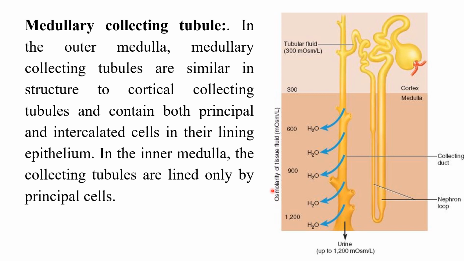Next we shall study the medullary collecting tubules. In the outer medulla, the medullary collecting tubules are similar in structure to the cortical collecting tubules and contain both principal and intercalated cells in their epithelial lining. So the same principal and intercalated cells present in the cortical collecting tubules are also present here.